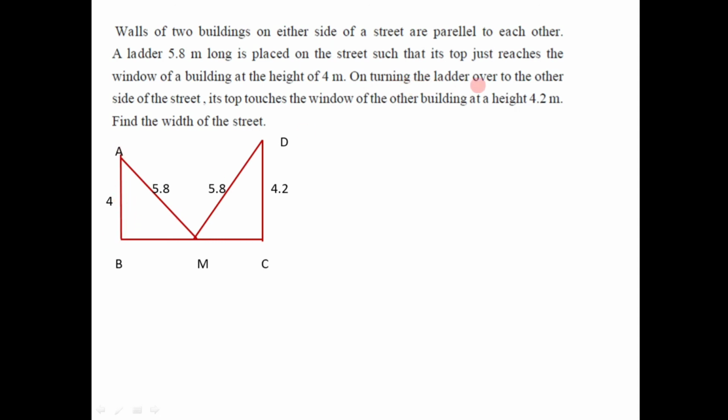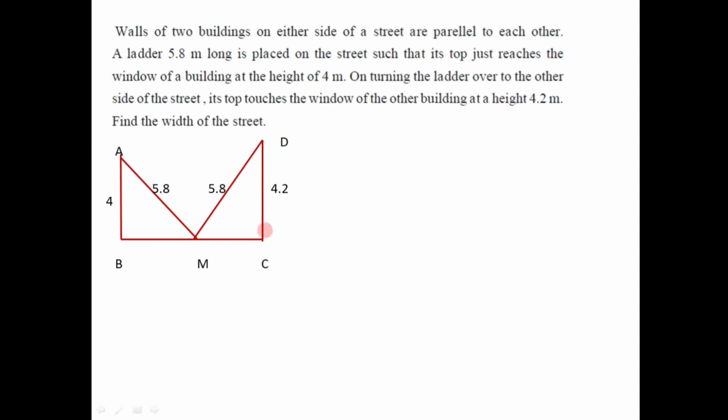Similarly, on turning the ladder over to the other side of the street, its top touches the window of the other building at a height of 4.2 meters. So if we turn this ladder AM to the other side, we get DM as the ladder this time, and the length of the ladder is 5.8 meters. So this is the diagram, and from this we have to find the width of the street.